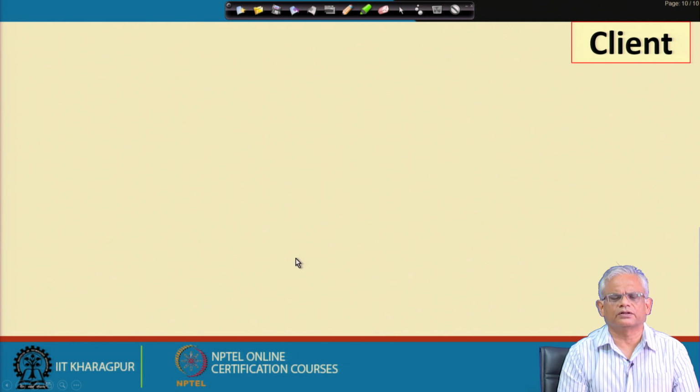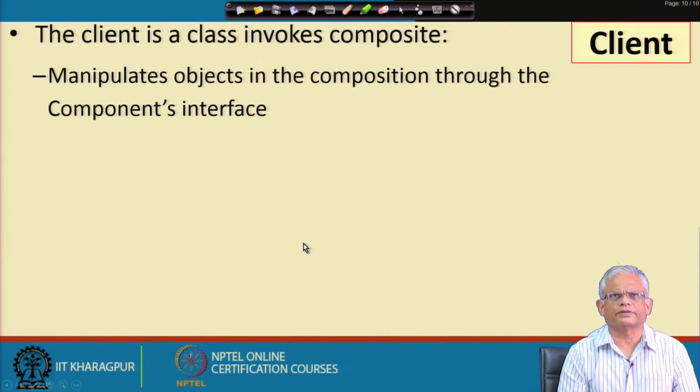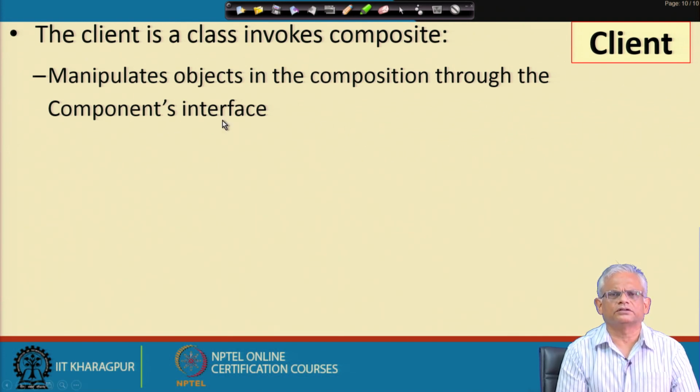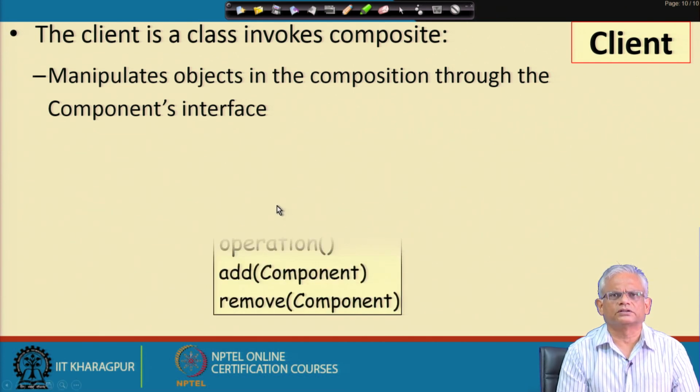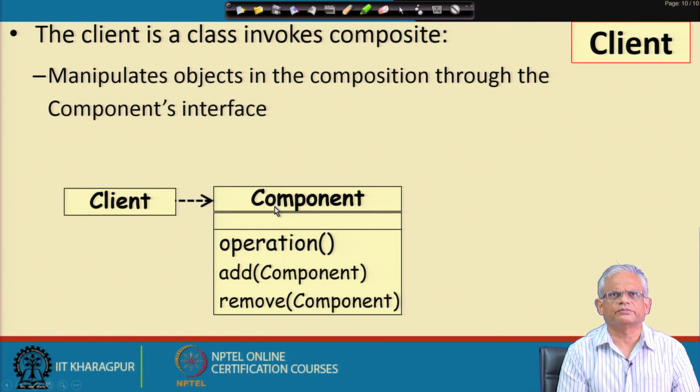Now, let us look at how the client interacts with the composite pattern. The client manipulates the composite through the component interface. Component is the abstract class, and through the different methods defined on the component, the client manipulates the different objects. The object can be either a primitive object or a composite object.